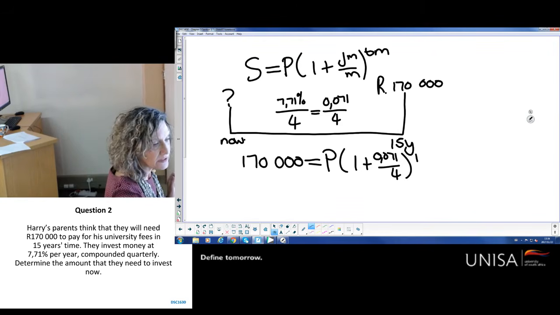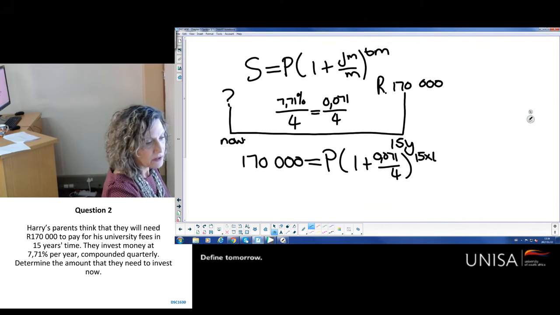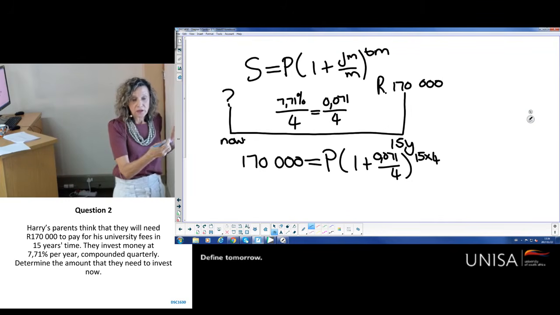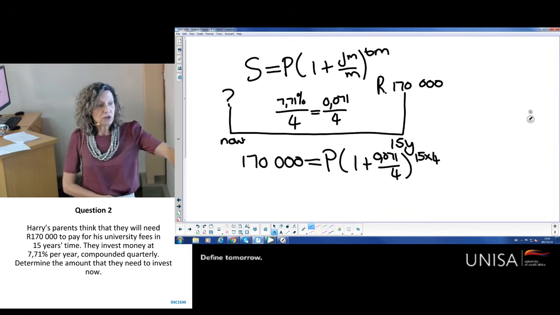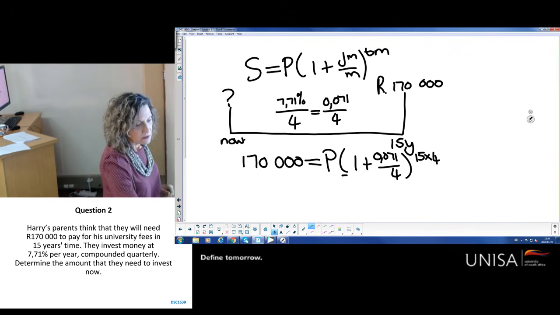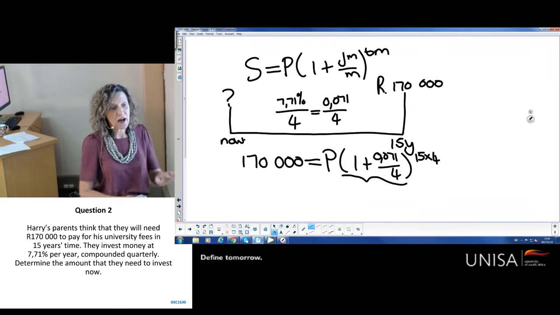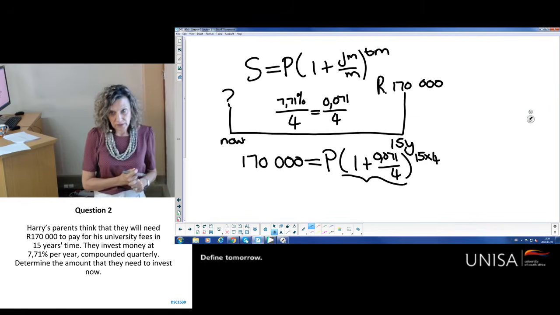Yes, I used it. But we needed smaller pieces, so I multiply by n, which is 4. Now, if you do this in normal mode of your calculator to calculate P, you need to take this piece over to the other side, so 170 divided by that whole interest component will give you your P value.